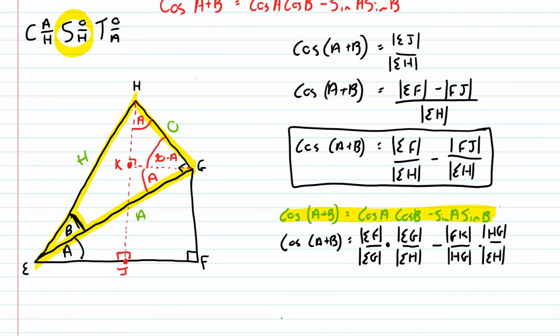Okay, so let's look. Well, I have an EF over EG and I multiply by EG over EH. I can actually cancel these two. Okay, why can I do that? Let's just take this.